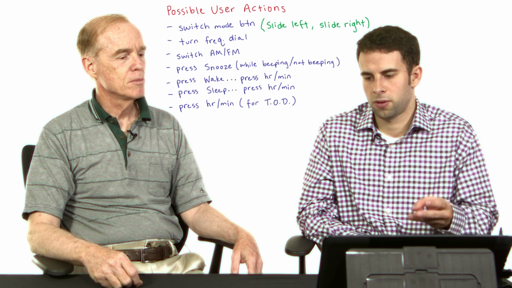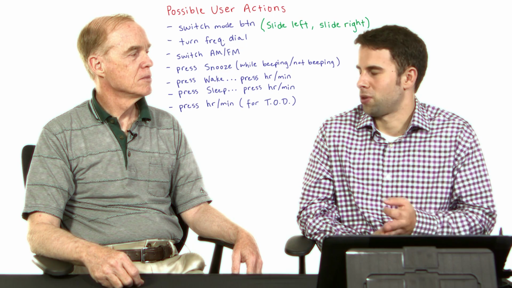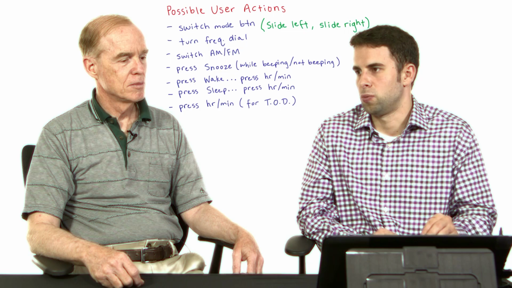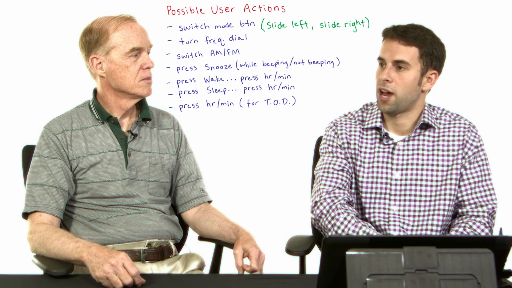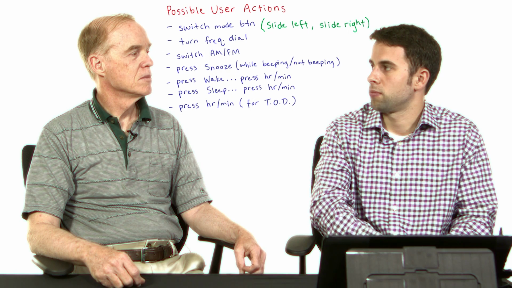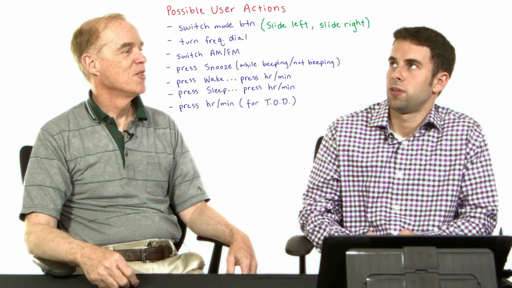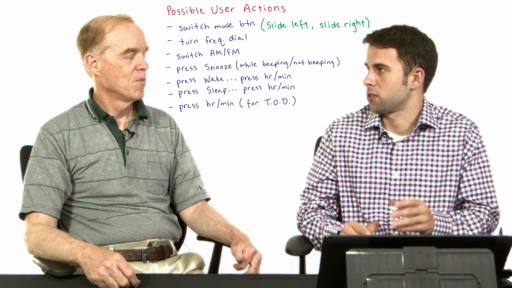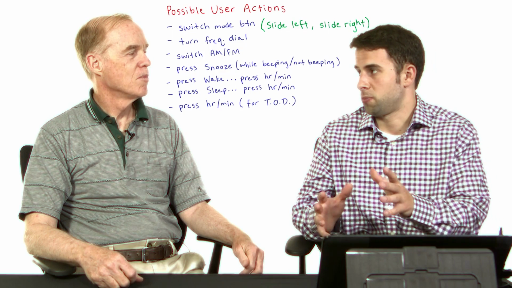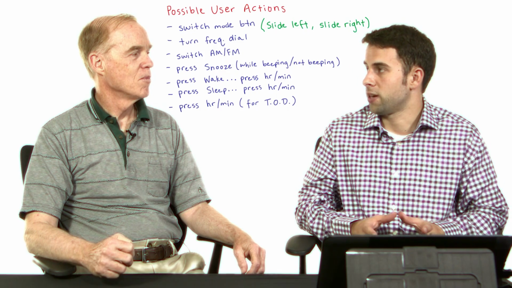So this is kind of like three parts to this, but when you press the wake button and then press either the hour or minute button, that's going to affect, so is that one event or two? I think there's one event of pressing the wake button, because that's going to affect our different systems, like the display is now going to have to display our wake time.